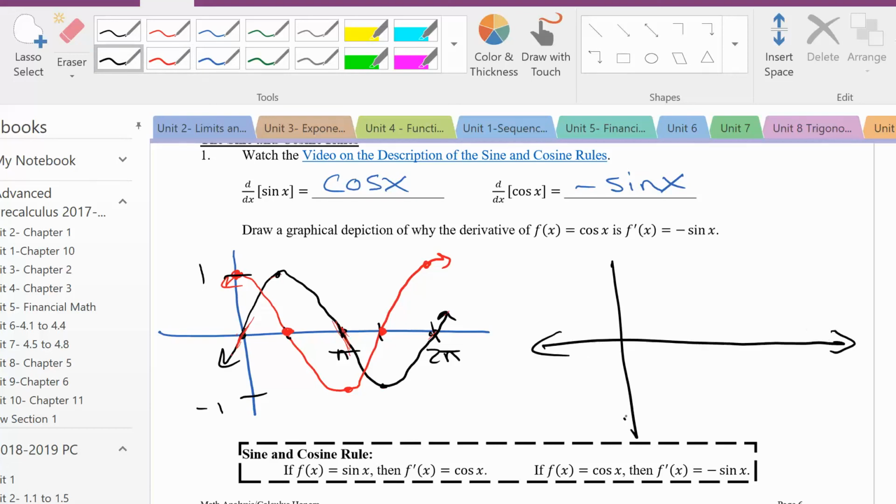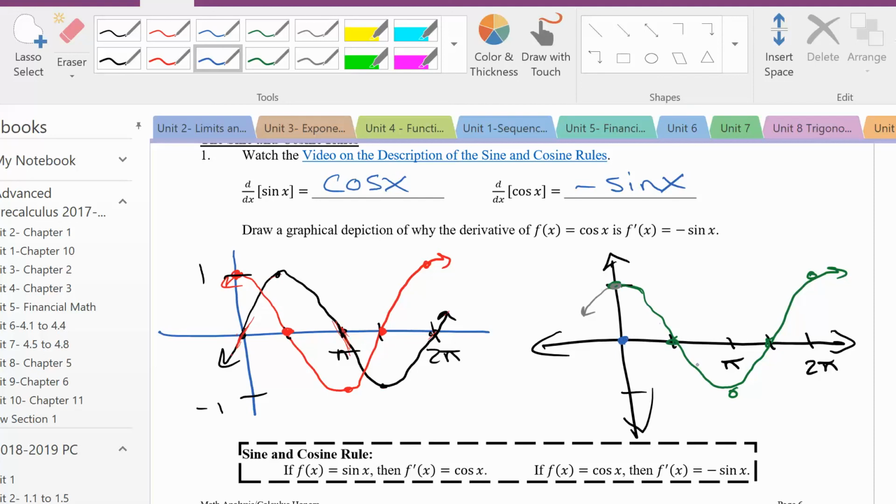Likewise, if we drew a graph of the cosine function, so remember this is the cosine function. This is actually a turning point, so the slope would be 0 to start with here.